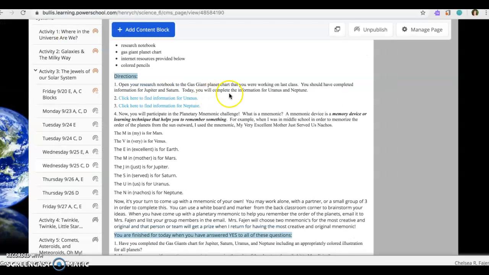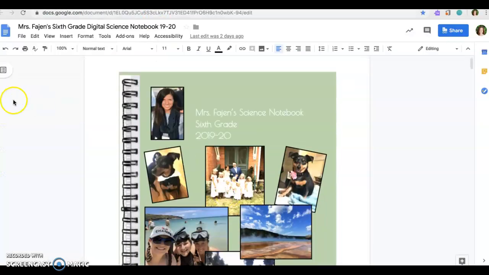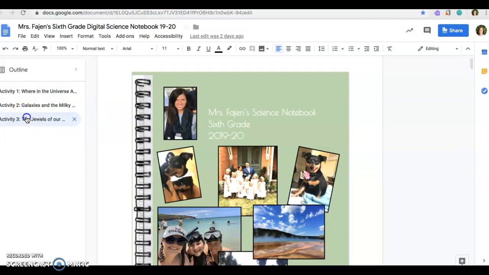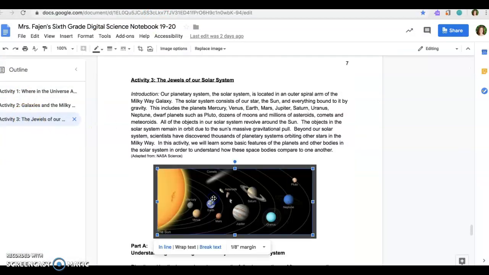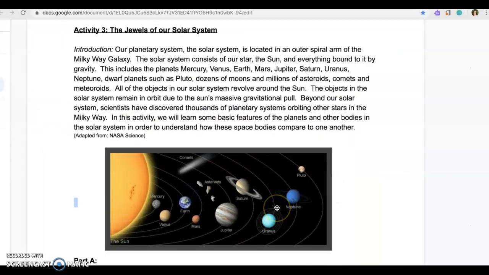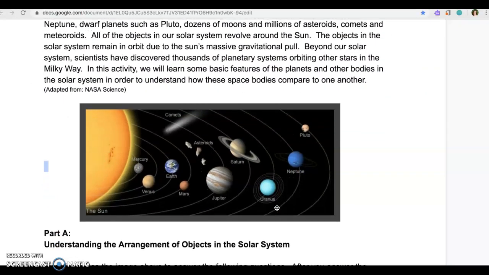Okay? So what I mean by that, I'm going to go to my digital notebook for a second to show you the planets in order where you have them in your notebook. So when I say in order from the sun outward, I'm talking about here's the sun, here's Mercury, the closest planet to the sun, then Venus, Earth, the third rock from the sun, then Mars, and then we have Jupiter, Saturn, Uranus and Neptune.